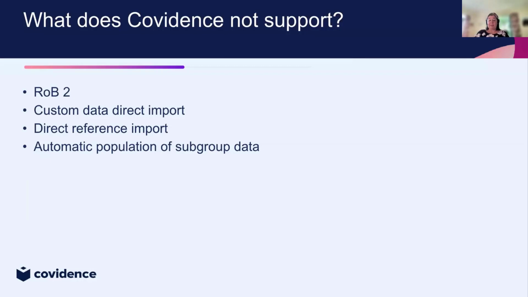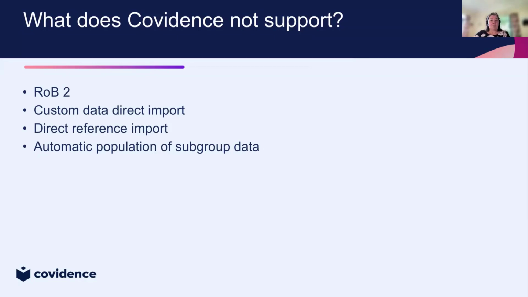So we only support risk of bias 1 at the moment. That will be changing. So if you're using risk of bias 2 for your specific review, you can use Covidence for all of the screening and for the data extraction, and then you can use the RevMan tool itself to populate your risk of bias 2 data.